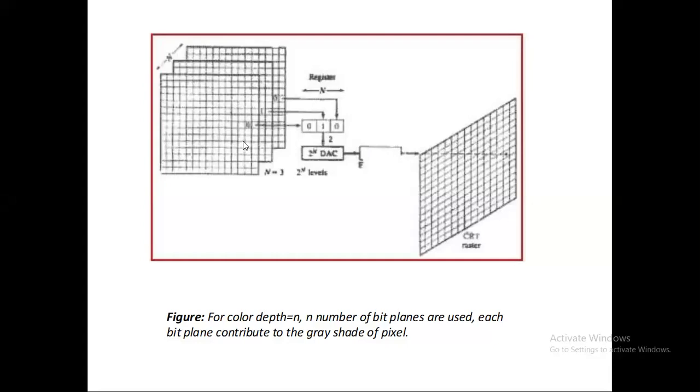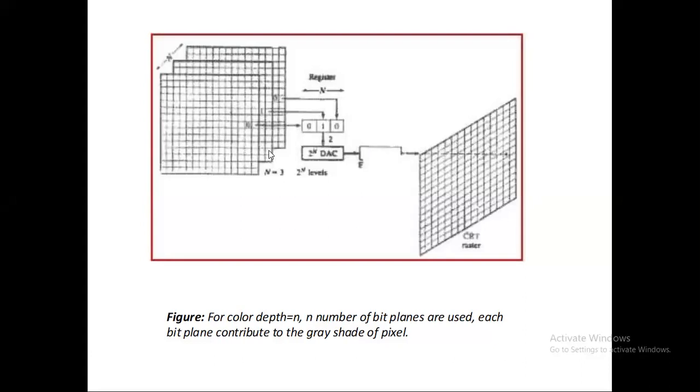So when you display digital information on the analog screen, you have to use this digital to analog converter. The digital information will be converted with the help of this DAC into analog information, and only then can we see the image.